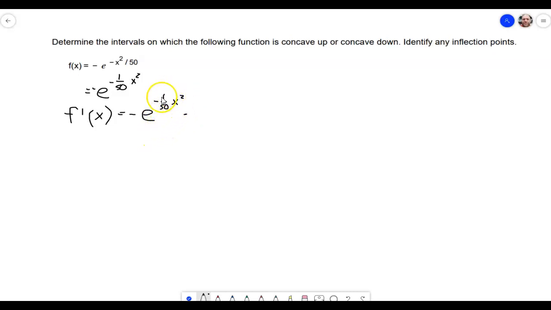That's where you bring the 2 down, and so that will be times -2 over 50, which becomes 1 over 25 x.